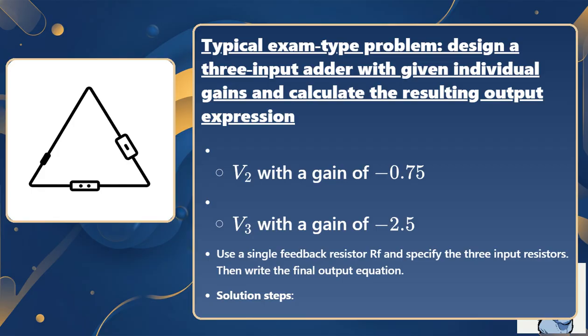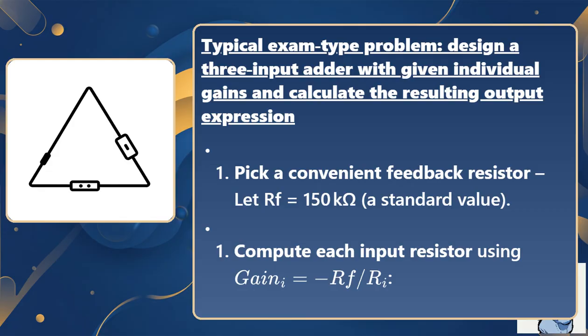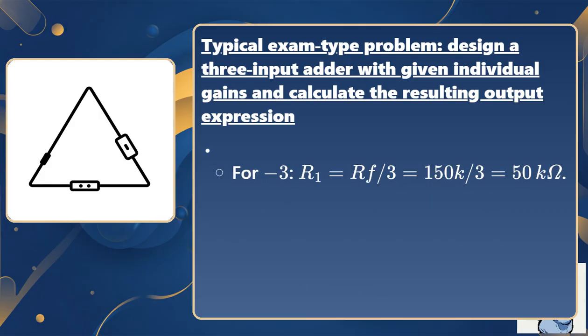Solution steps. Step 1: pick a convenient feedback resistor, let RF equal 150 kiloohms, a standard value. Step 2: compute each input resistor using gain_i equals -RF divided by RI. For -3: R1 equals RF divided by 3 equals 150 kiloohms divided by 3 equals 50 kiloohms.